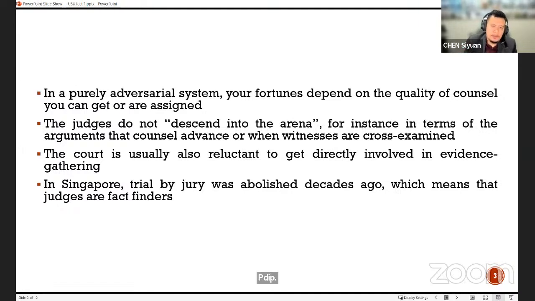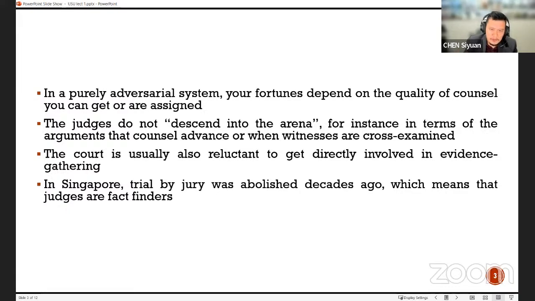And why is this important? It's important in two ways. One, this discourages any sort of storytelling. When you watch TV, especially Western legal dramas, you'll find there's always some impressive opening statement or closing statement by the defense counsel to members of the jury, right?